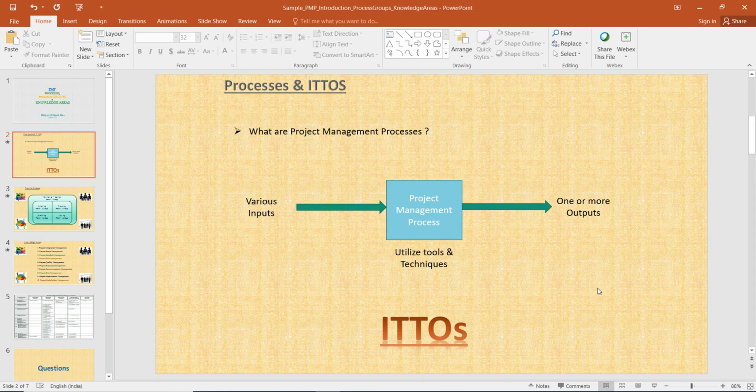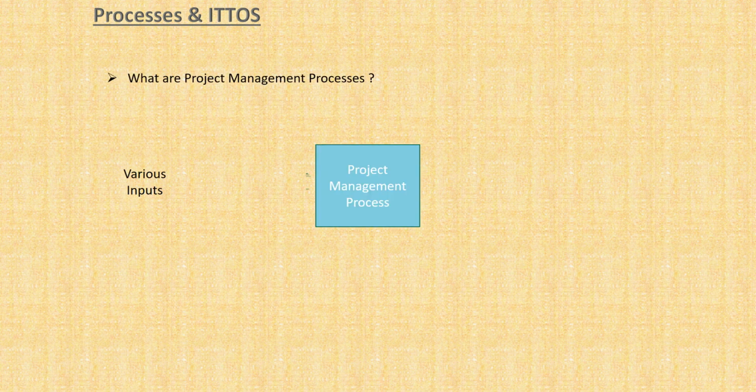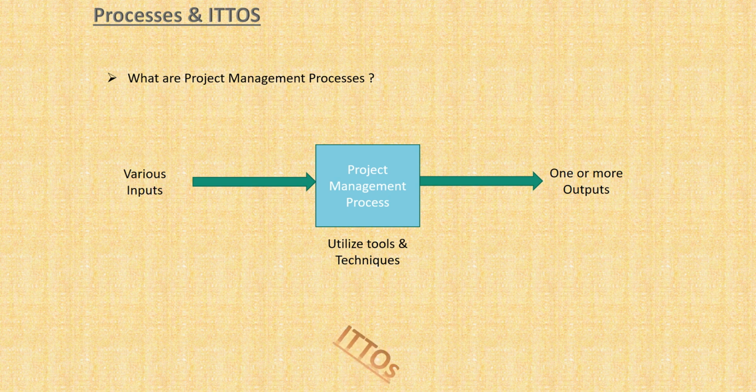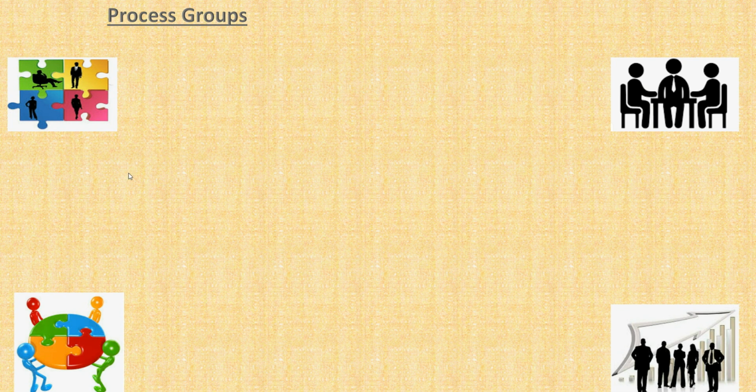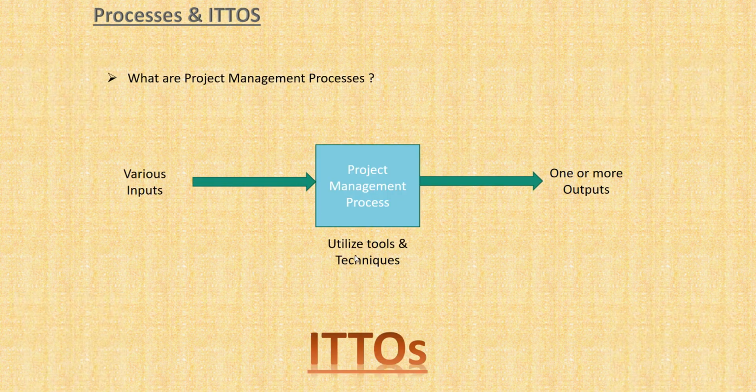Now we know what the processes are. The I comes from inputs, TT comes from tools and techniques, and O comes from outputs. So these inputs, tools and techniques, and outputs are abbreviated as ITTOs.